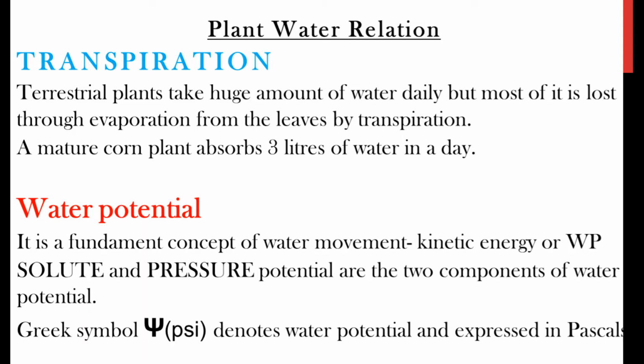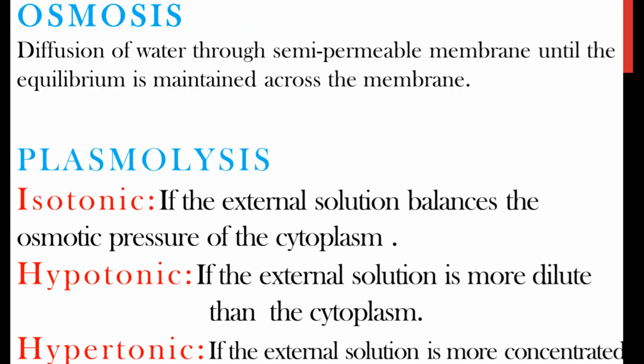Psi W is equal to psi S plus psi P. Osmosis: osmosis refers to the movement or diffusion of water across a semi-permeable membrane from the region of its higher concentration to the region of lower concentration until equilibrium is reached. The net rate and direction of osmosis depends on the pressure gradient and concentration gradient.